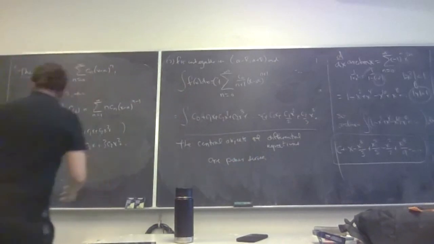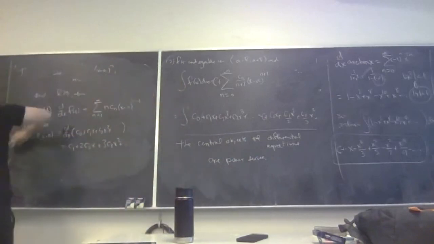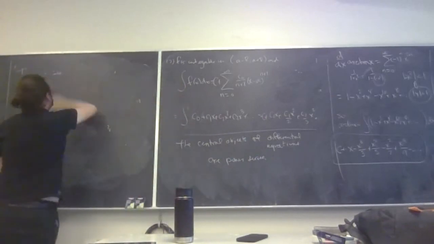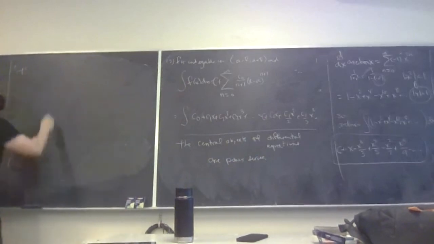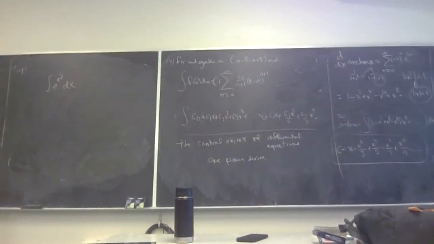Were you guys ever told, here's a point here, were you ever told that about this guy? That has no antiderivative. That if somebody wrote that down, there's nothing you can do. There is no function in simple form that you can write down that has e to the x squared as a derivative.